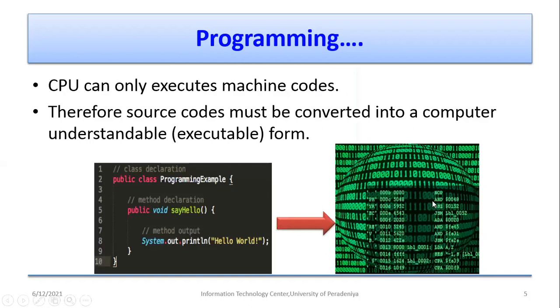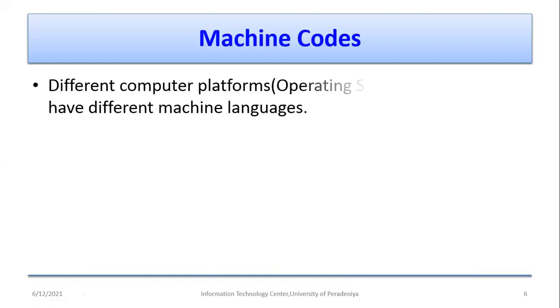So we discussed it. Codes which are given in any programming language should be converted into the machine code before they execute, otherwise those codes cannot be executed by the processor. Different computer platforms have different machine languages.